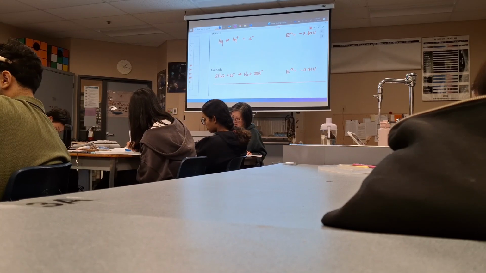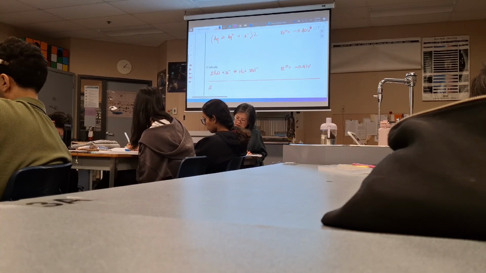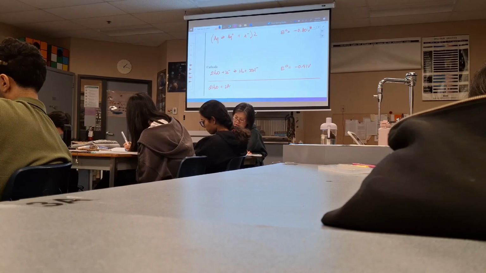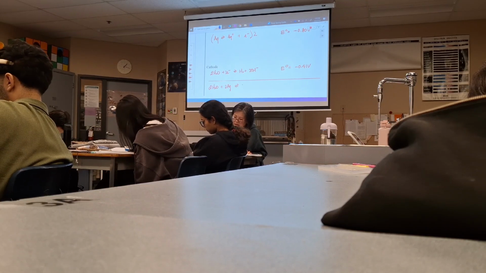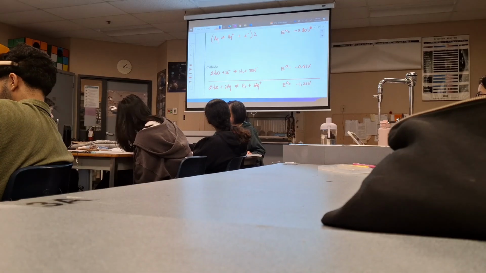So if I was to add them together, I'm going to have to multiply this by 2. So now I have 2 H2Os plus 2 Ags, giving me H2 plus 2 Ag plus, and my E naught is going to be negative 1.21 volts.